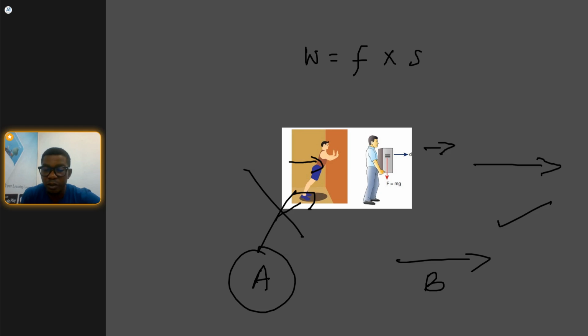Signify with your emoji, or you can type yes in the chat box. I want to be sure that we are all on the same page. So if the introductory part is clear, please thumbs up, and let's move on.